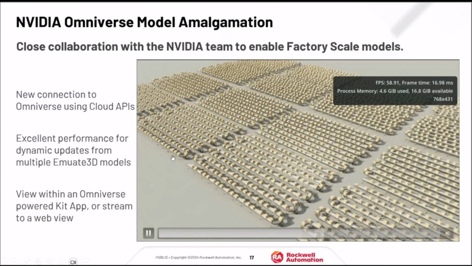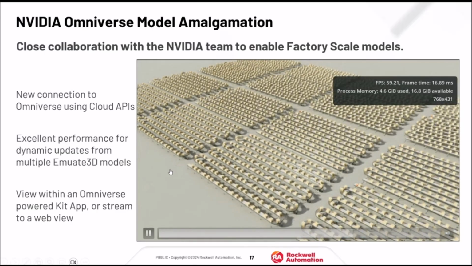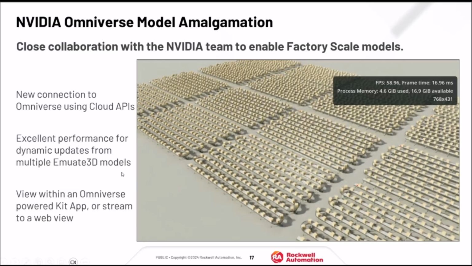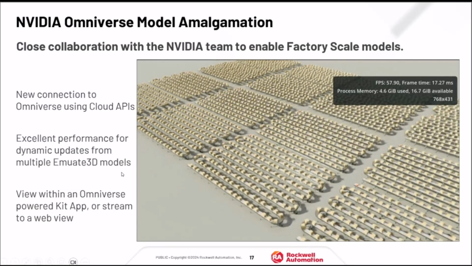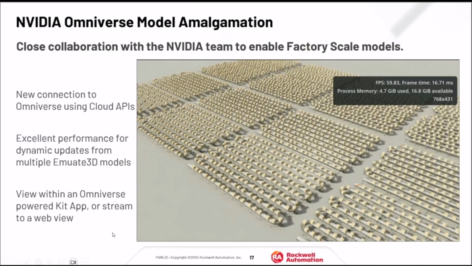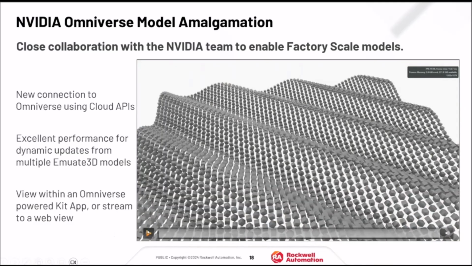We've been doing a lot of work with NVIDIA themselves, specifically on this. Previously, the Omniverse connector didn't handle lots of dynamic loads very well. We've been working directly with them. I think this model specifically was made by them.